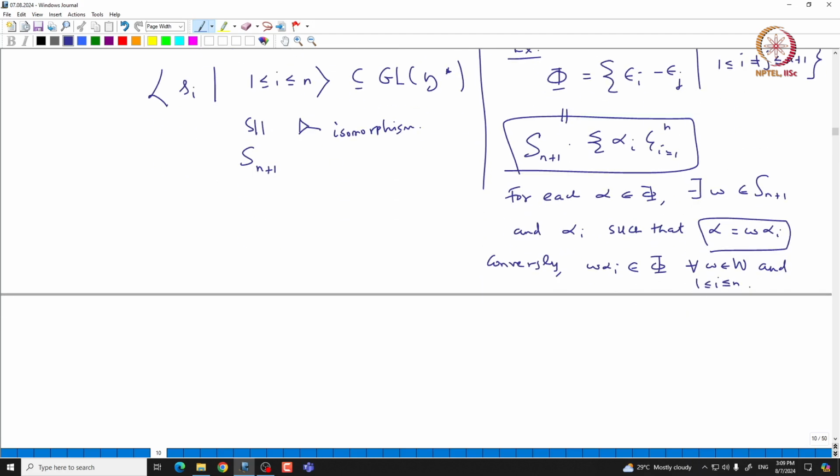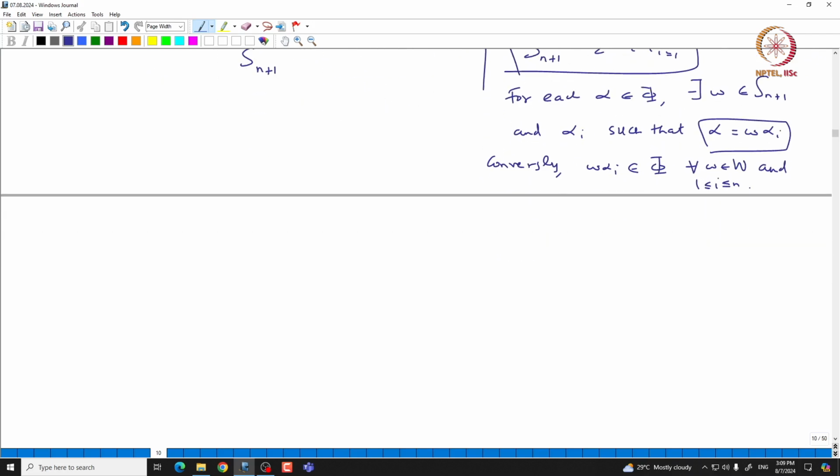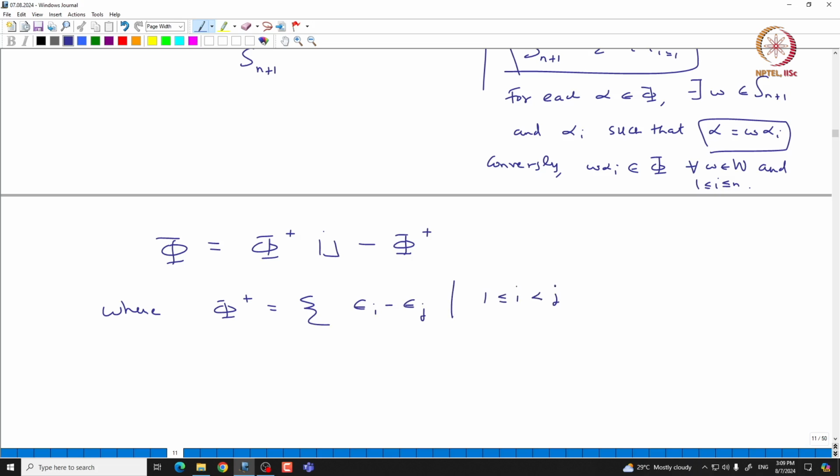Okay. So, using this we can define the positive roots and negative roots, and we have the following decomposition of phi. Phi can be written as phi plus disjoint union minus phi plus, where phi plus is given by those epsilon_i minus epsilon_j such that 1 less than or equal to i less than j less than or equal to n plus 1.